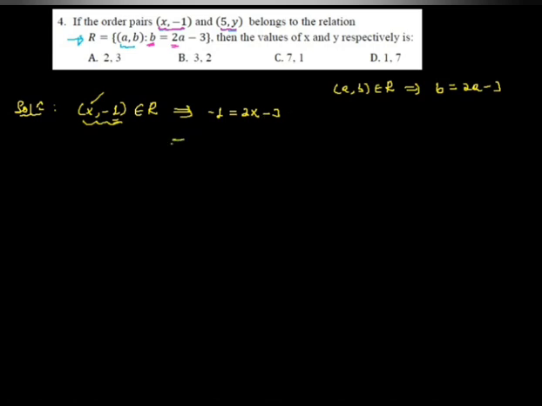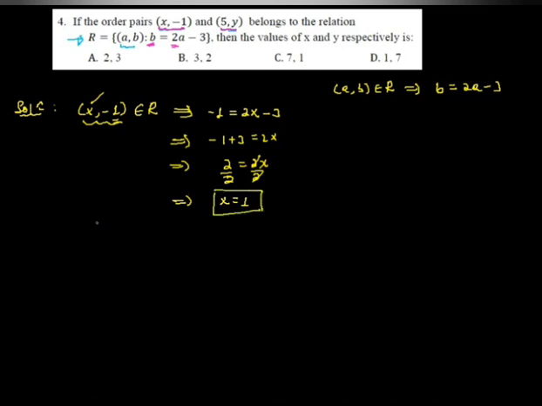From here we get -1 plus 3 equals 2x, which is 2 equals 2x. Dividing both sides by 2, x is 2 over 2, so x equals 1. The value of x is 1.